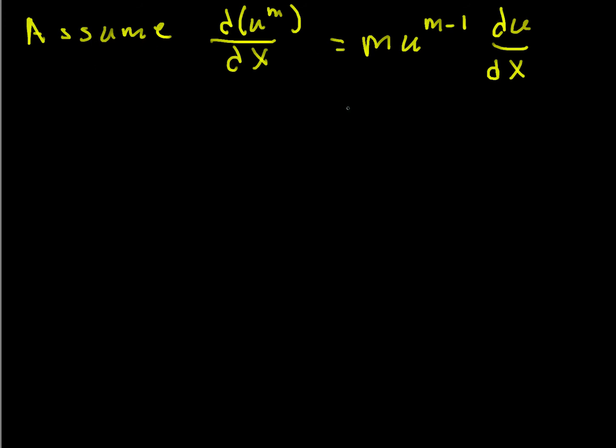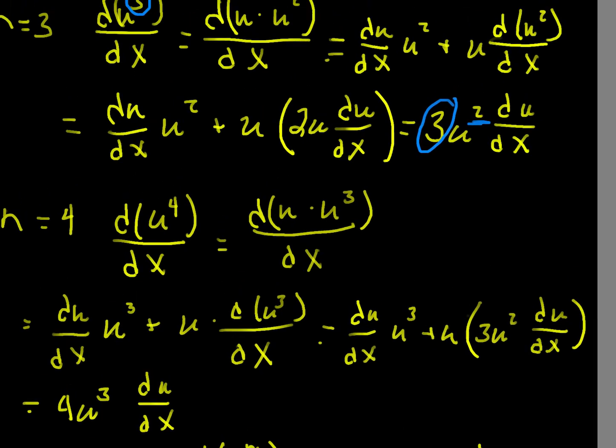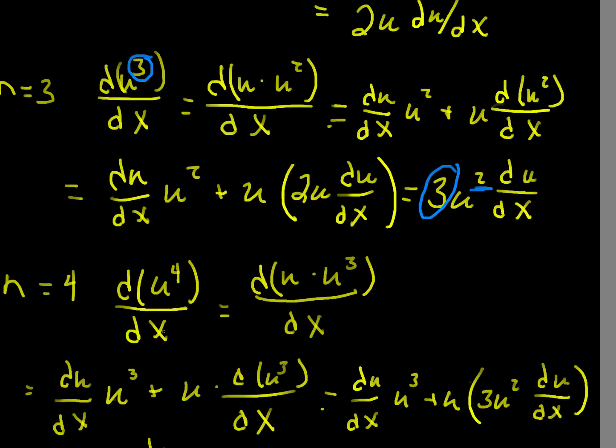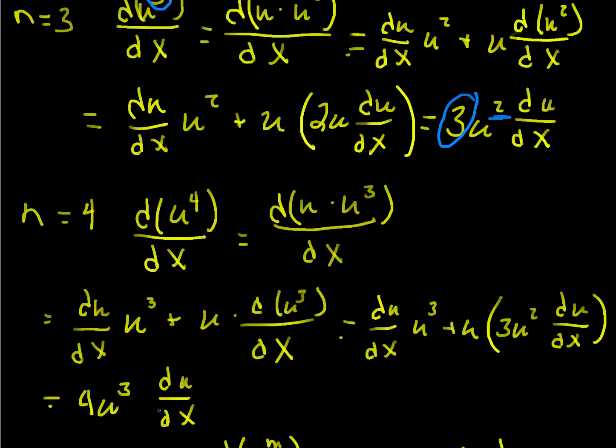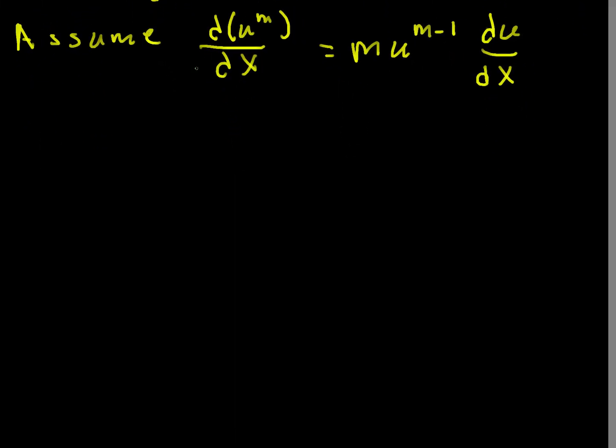We showed it's true for 1, 2, 3, and 4. In the steps we did, we kept using the previous information to prove that the differential of u to the fourth was 4u cubed. We broke it up into 2 pieces, and we knew already what the previous derivative was. So we're going to start with the assumption that we know what this is already, and we'll calculate d of u to the m plus 1, the next exponent power.